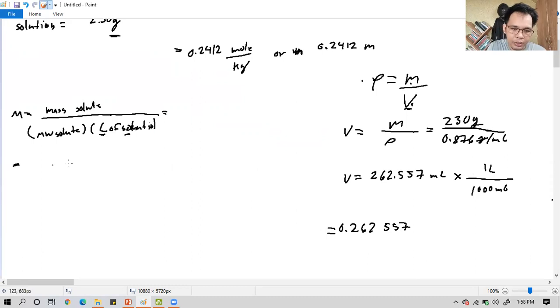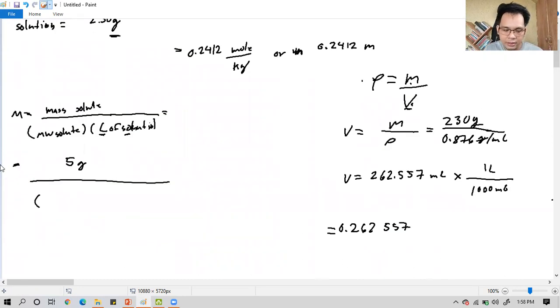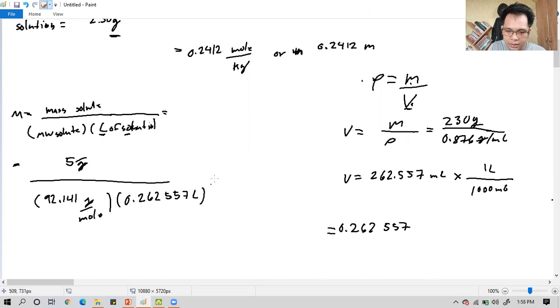So now, let's substitute. We all know that this is 5 grams of toluene all over, what was the molecular weight again earlier? 92.141 grams per mole times, of course, the liters, that is 0.262557 liters. The grams cancel, and we will have 5 over 92.141 times 0.262557.